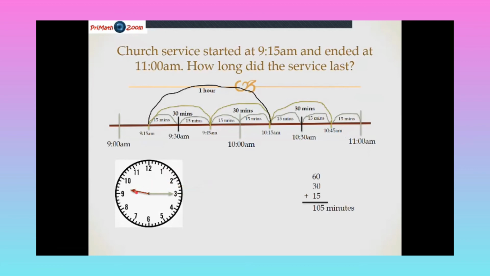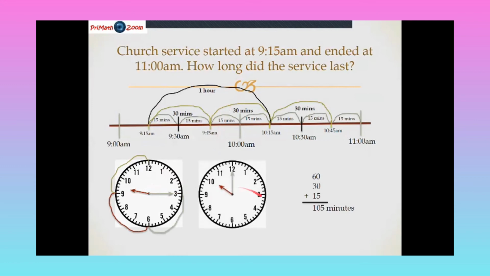Note that the hour hand is a little bit past 9 and the minute hand is on 3. Now, remember that we're working with 15 minutes interval. So here we are going to count from 9:15 in a 15 minutes interval. So here we have 15 minutes, another 15 minutes, another 15 minutes.